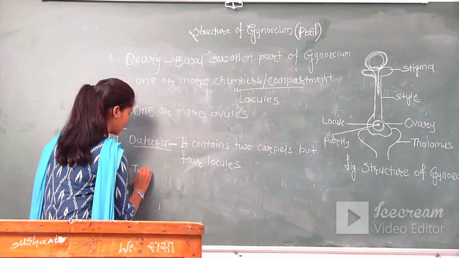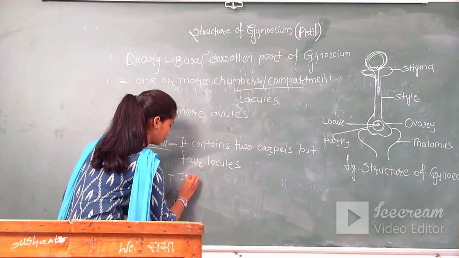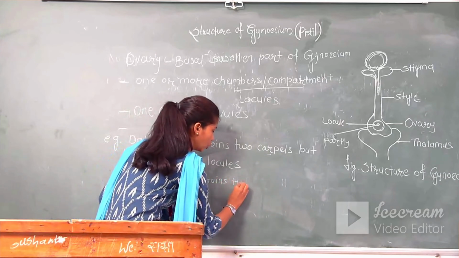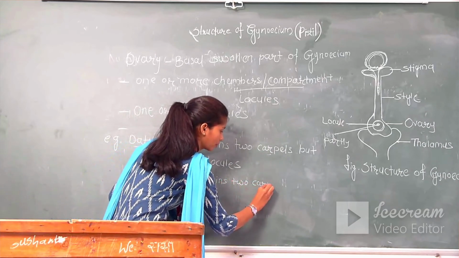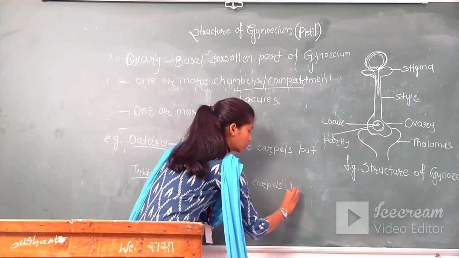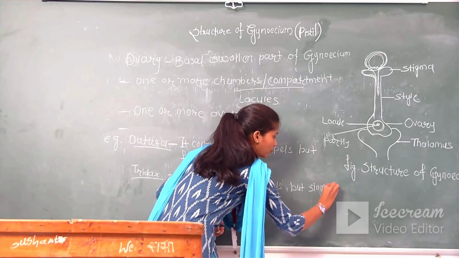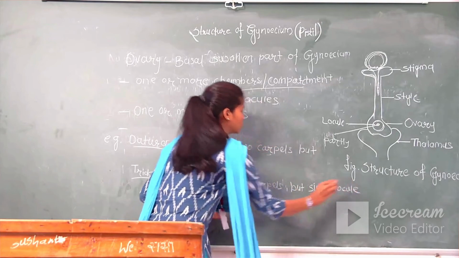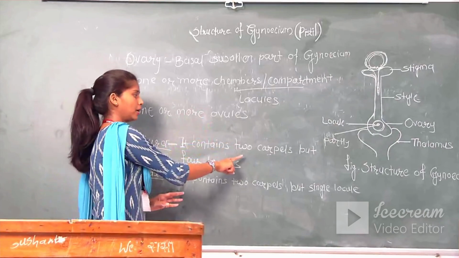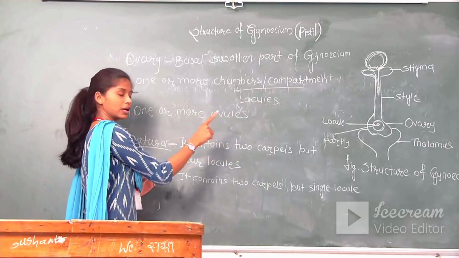Another exceptional example is Tridax, in which it contains 2 carpels, but a single locule. So these are the exceptional examples in which the number of carpels does not imply an equal number of locules.